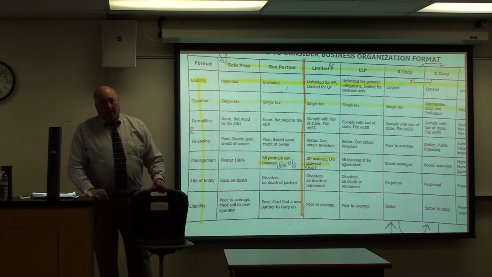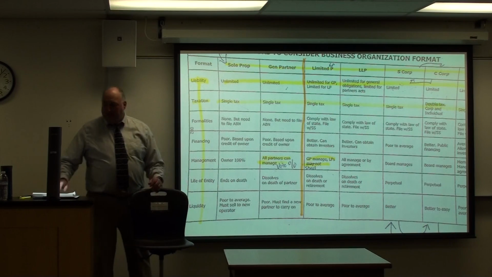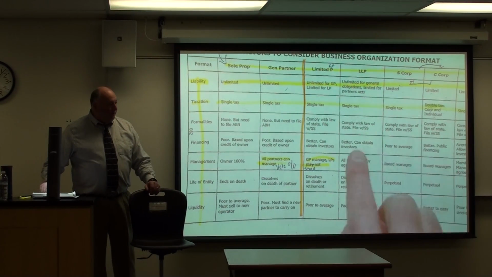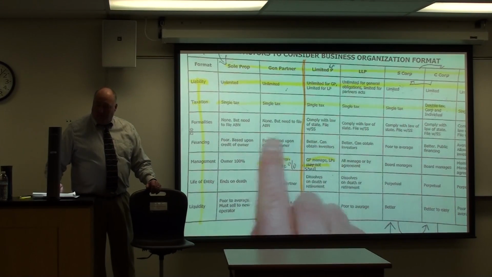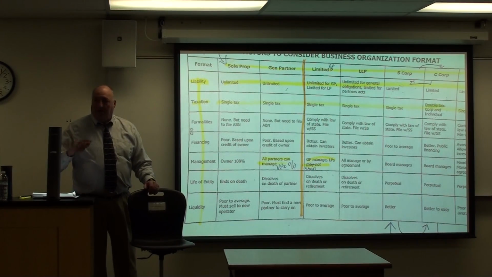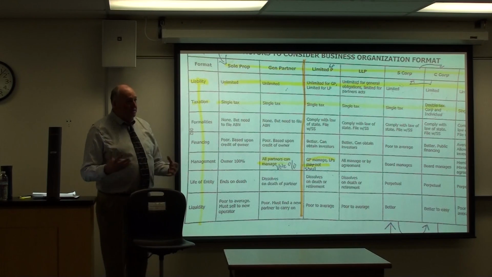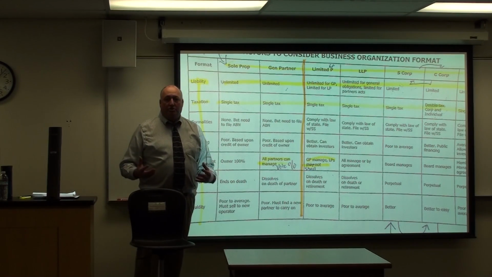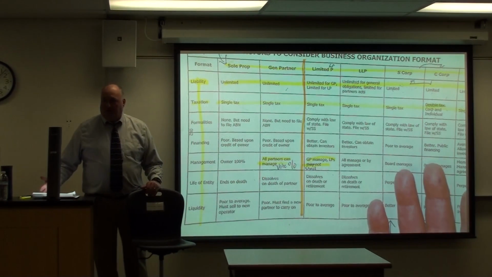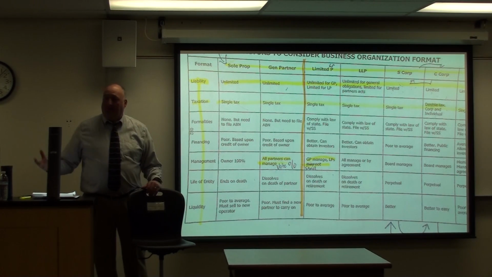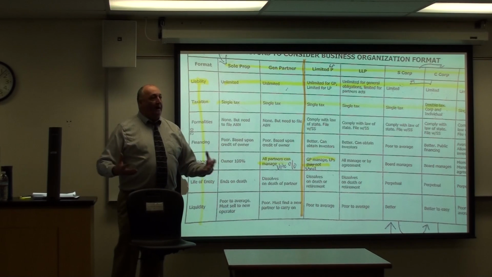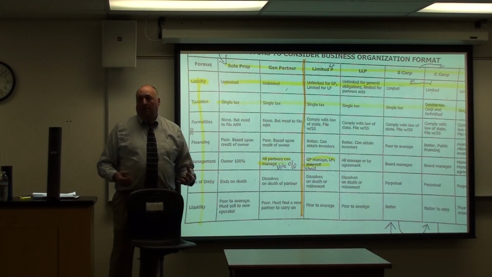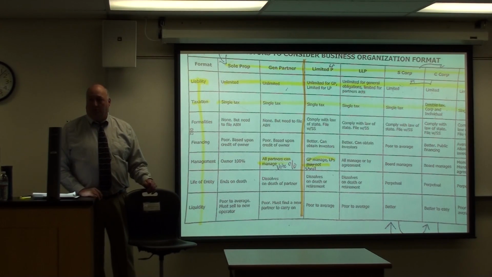Typically speaking, the more liability protection, the more formality there is. In addition to that, the more ability to get investor income, like publicly traded, where you're selling stock on the stock exchange, the more formality it is. The more ability you have to raise money in the public, a lot more formality. Highly, a lot of formality if you're going to be publicly traded, subject to security exchange rules.